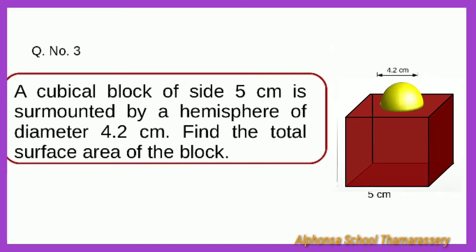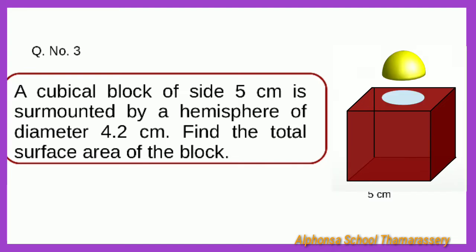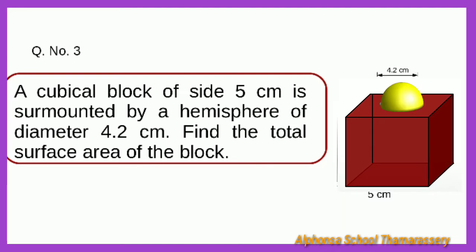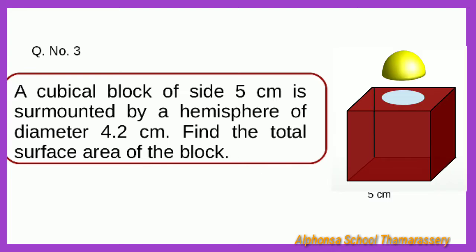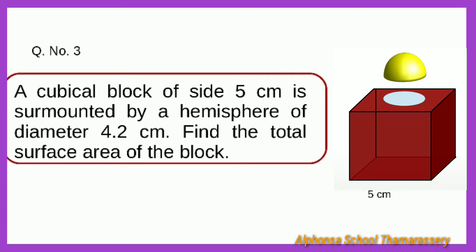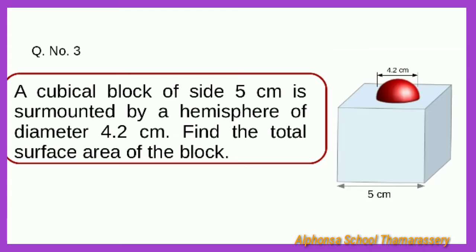Because we need only that 5 faces area plus that top area. We don't want the full area. We need only that corners area. So total surface area of cube minus base area of hemisphere, plus curved surface area of hemisphere.